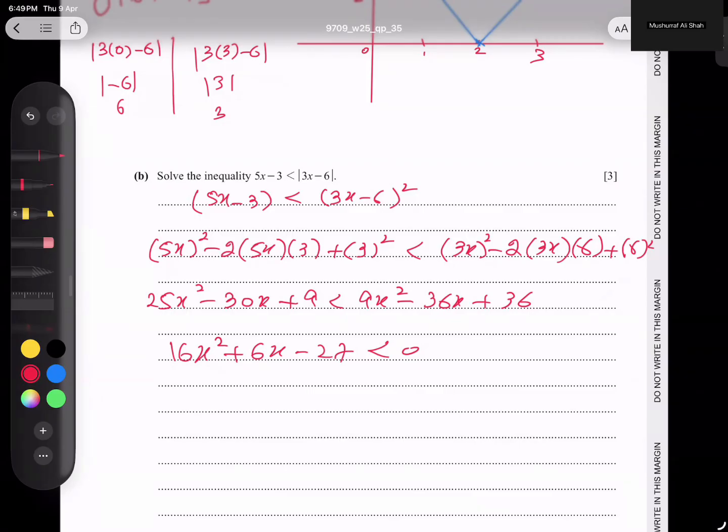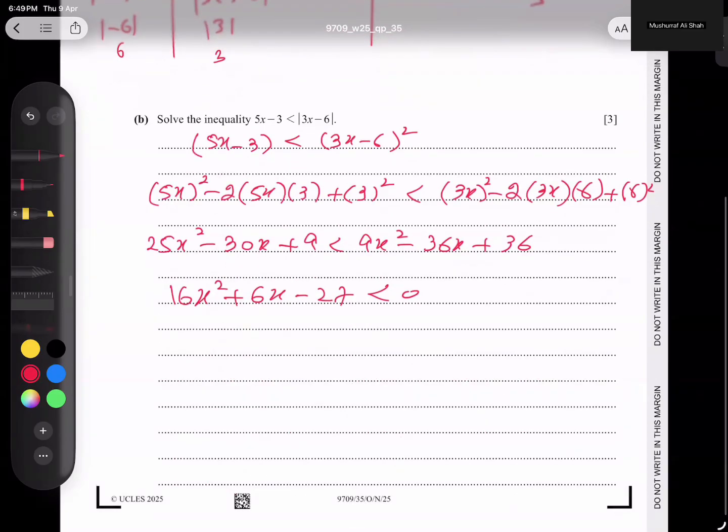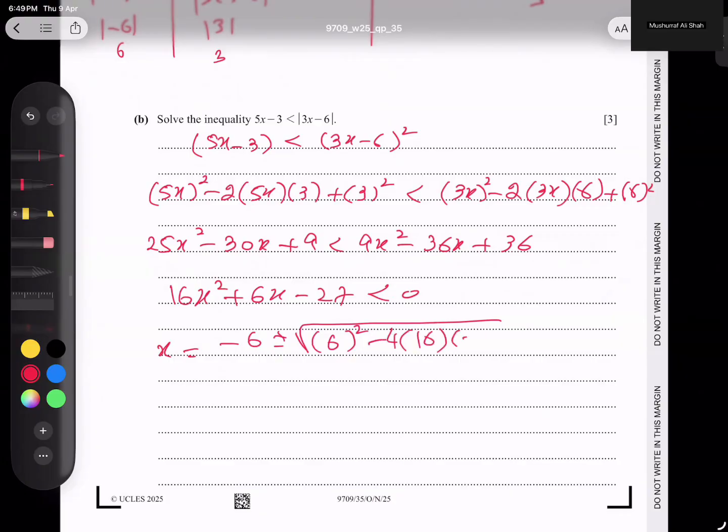Okay, so I have a choice: I can go for the quadratic formula. If I apply the quadratic formula, there is no need to show full working; show it only one time, and then you don't need to show it again. I'm going to apply the formula here.